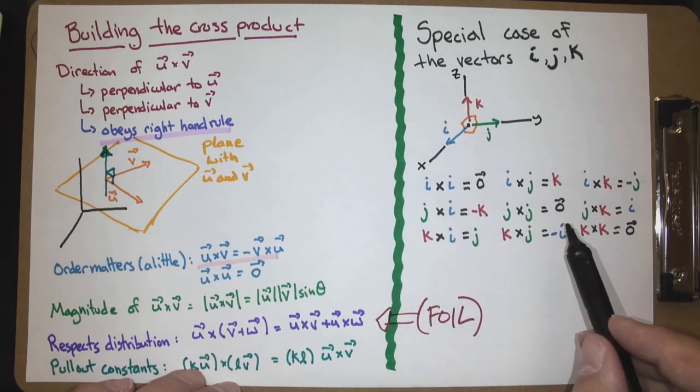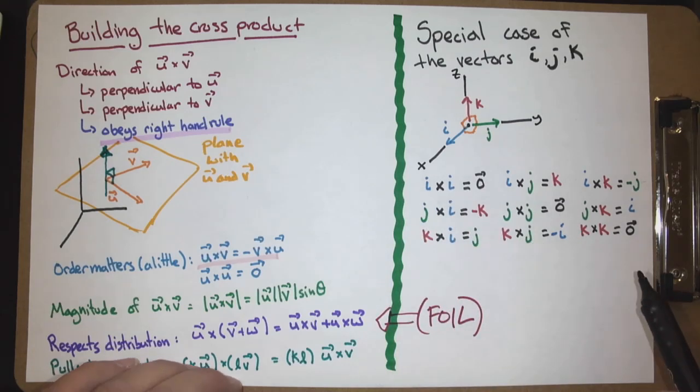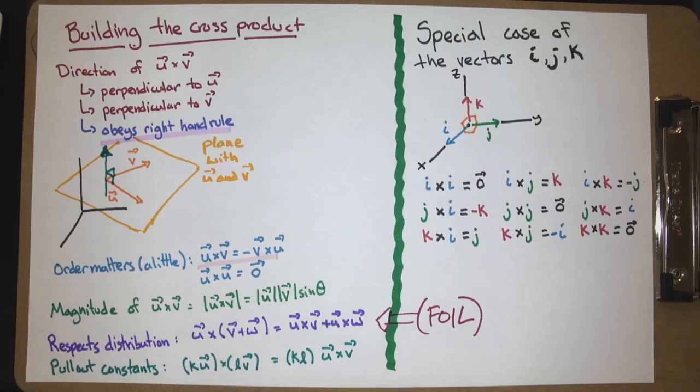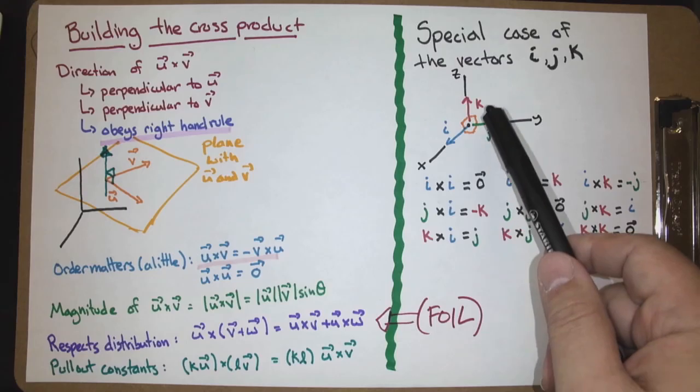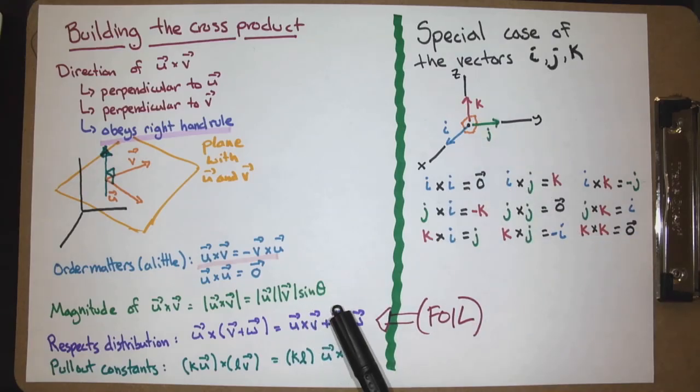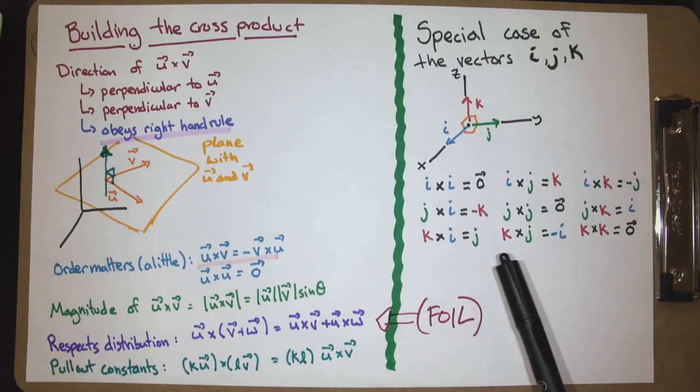So i cross i is 0, j cross j is 0, k cross k is 0. And for the other ones, you note that all the angles are right angles. Sine of a right angle, what's that? It's 1. And the vectors we started with have magnitude 1, so the magnitude of any of these products has to be 1. So it's just purely direction.